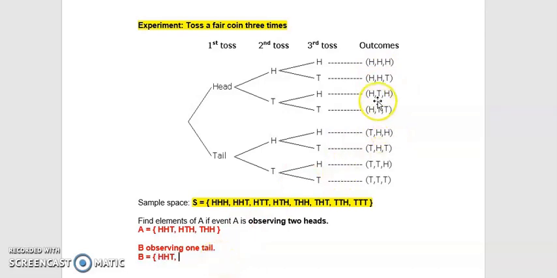What else? Head, tail, head. Then tail, head, head. The others have 2 tails, 2 tails, and this one 3 tails. So these are the elements if we observe 1 tail. If we want to observe that all tails occur, the element will be this one only, tail, tail, tail.